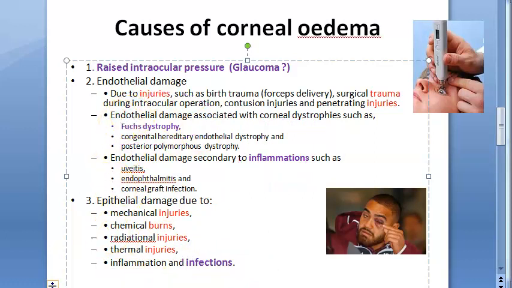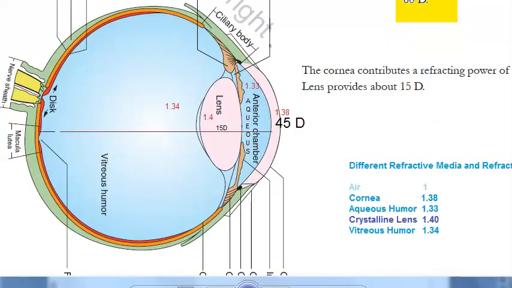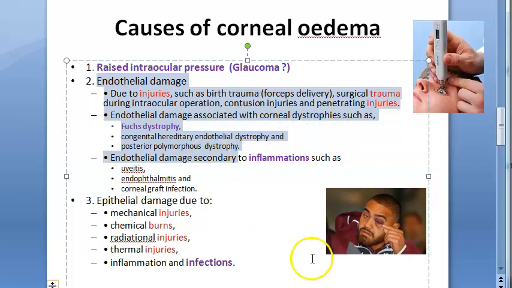So basically, they are telling that either endothelium or epithelium should be damaged, right? So the causes of corneal edema: one is intraocular pressure being raised, right? The other thing is either endothelium has an issue, or the epithelium has an issue.